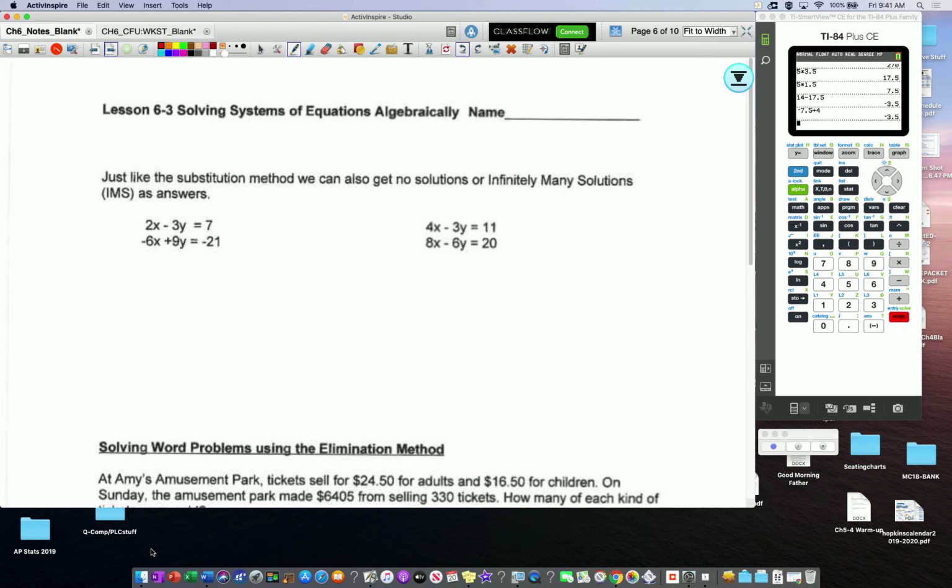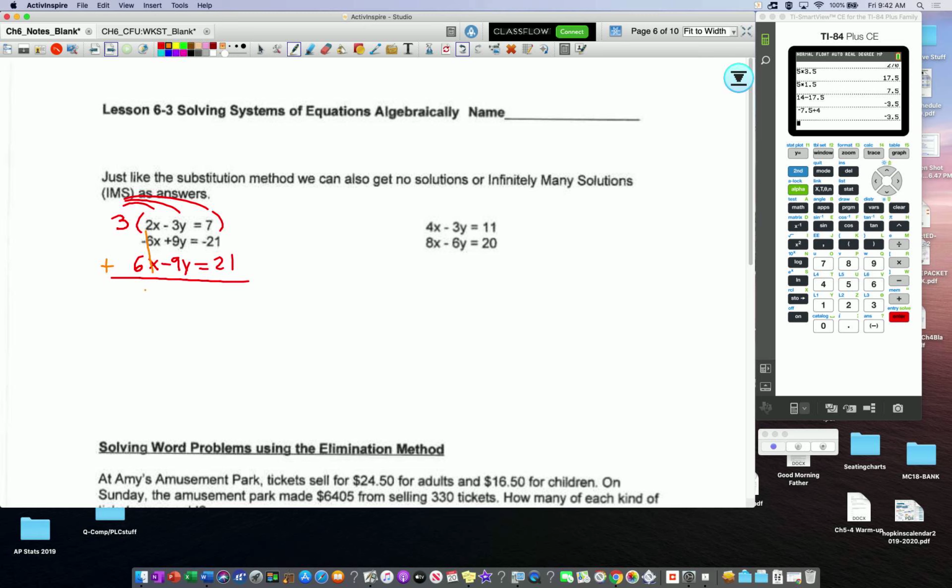Okay, so when I look at the first one, I'm thinking to myself, right now they're not opposites of each other, but boy, if I took this first equation and multiplied it by 3, 3 times 2 makes a positive 6, which is the opposite of negative 6. So I'm going to distribute 3 to all of these, and I'm actually just going to write it right underneath. So 6x minus 9y equals 21. So now, the next step would be to add those equations together.